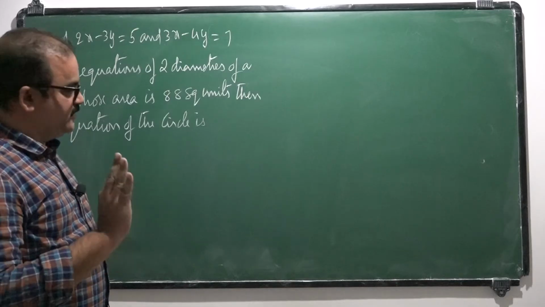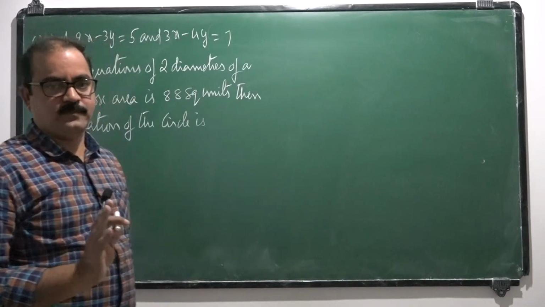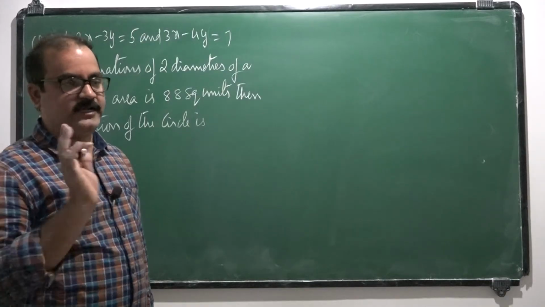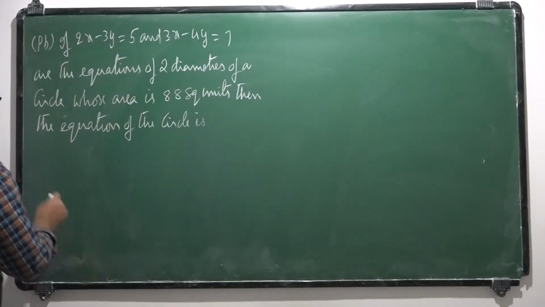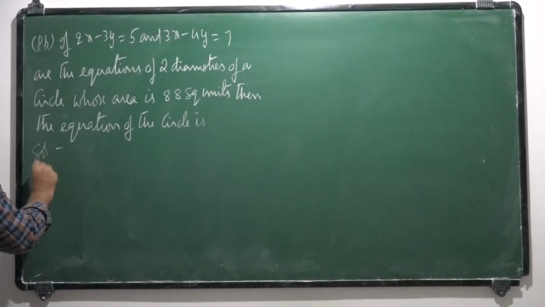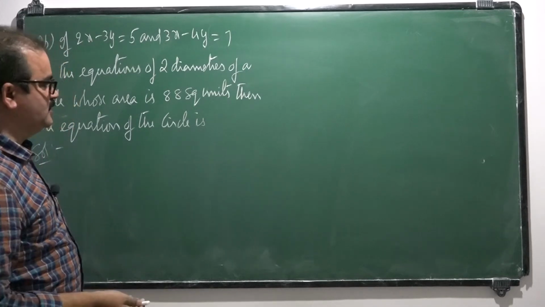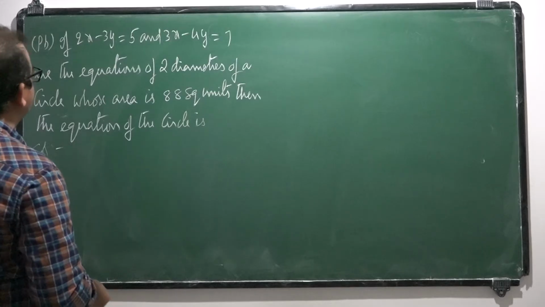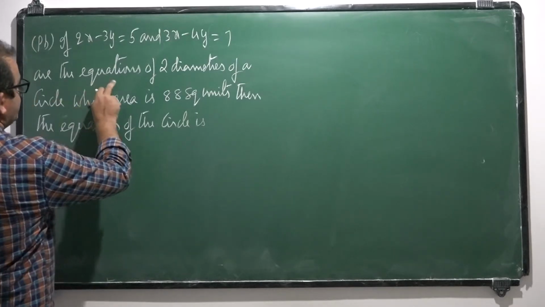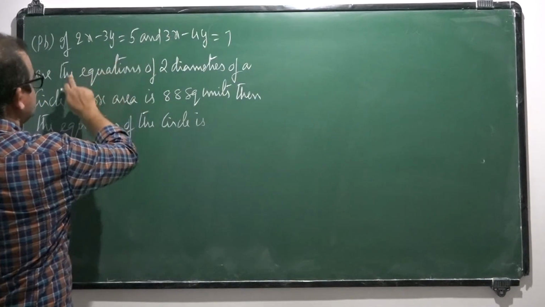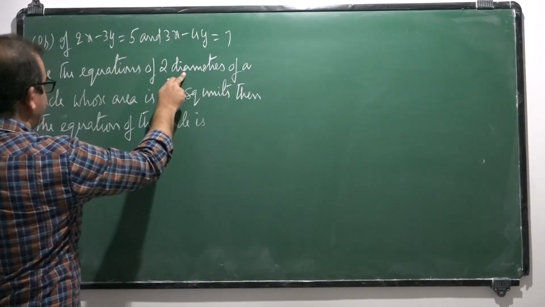To find the equation of the circle, we need the center and radius. If center and radius are known, then we find the equation of the circle. What is given in that problem? Two equations are given. These two are equations of two diameters.